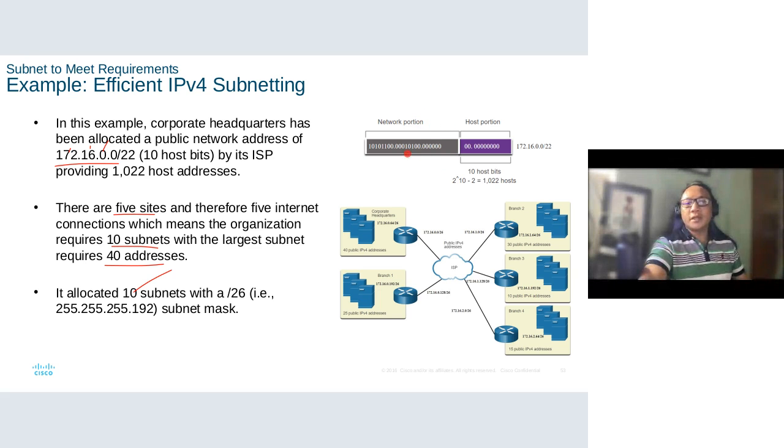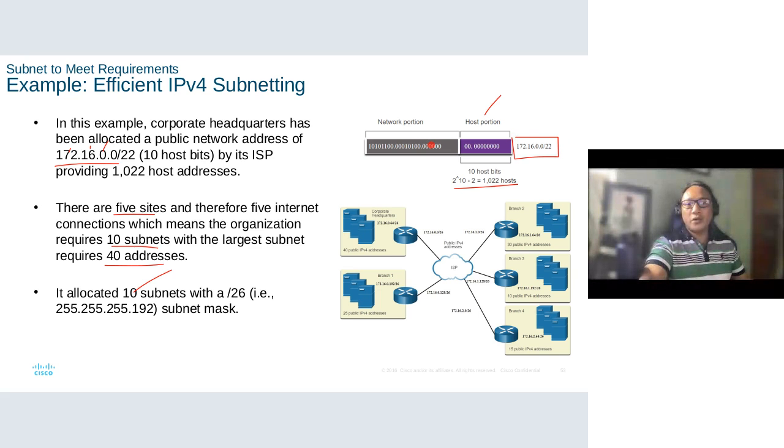So you can see here that we have 10 host bits dito sa kanyang host portion, no? Meron siyang 10 host bits kasi yung sa network portion niya, meron pa siyang nahiram na 6 bits dito to make it /22. May natira ngayon na unborrowed bits para sa host portion na 2 plus 8, that's going to be 10. And that is equivalent to how many hosts? 1022 hosts.